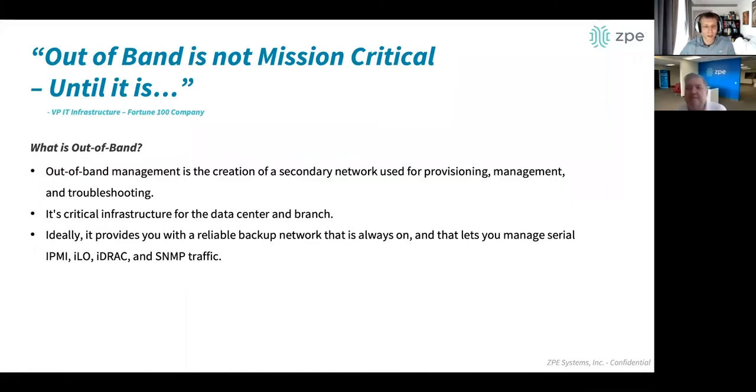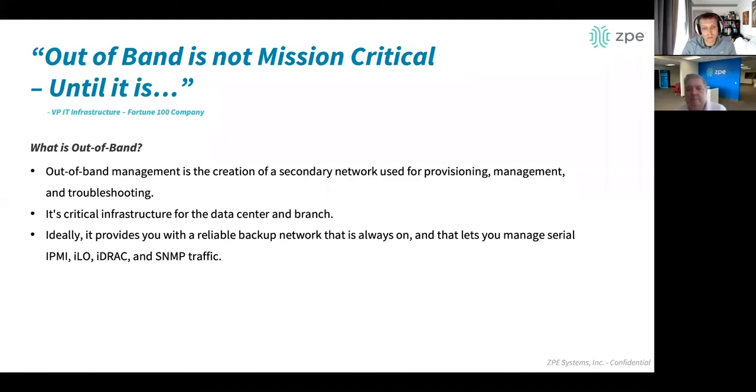Okay, perfect. So out-of-band, as a concept, is not new. It's been around for quite a long time, and essentially it provides you access to what I would call the primary interfaces of your infrastructure devices. So that is anything which provides you connectivity to your devices in any stage of their life cycle.